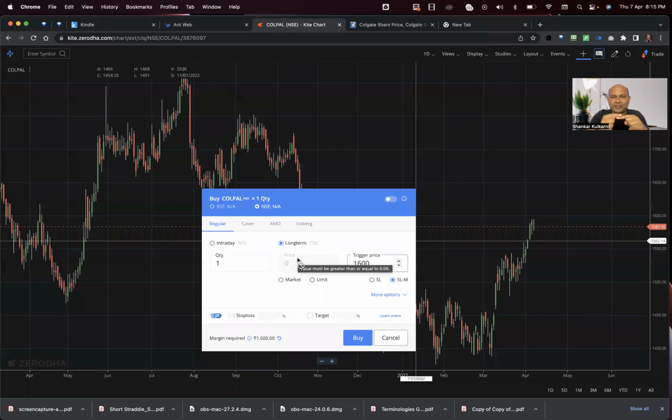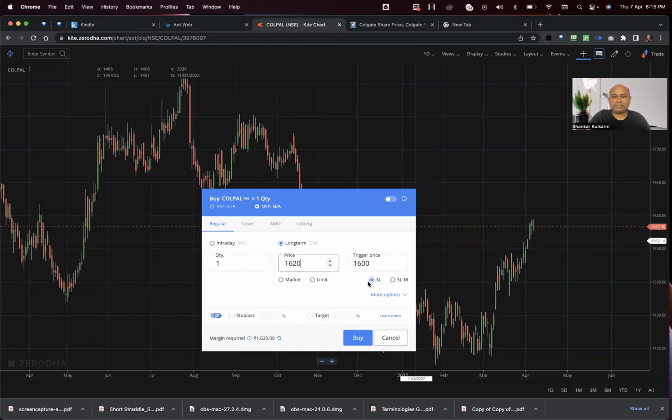Any price after 1600, it will trigger and give me a confirmed buy order. That's the SLM. Now, if I choose SL, then I'm telling my broker, please trigger my order at 1600, but not more than 1620. This is the band that I'm giving. That is the SL order.